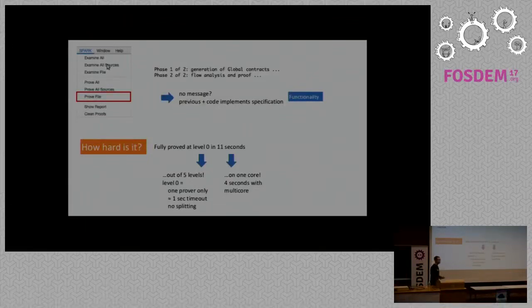We leave it very little time for each individual proof, 1 second. And we don't split the work for it. So each time, we give it one full thing to prove. And it's proved in 11 seconds on 1 core. And it goes down to 4 seconds on multi-core. Of course, on such a small example, that doesn't really matter. But on big examples, yes, this is full automation, bulk parallelism, for proving things independently.